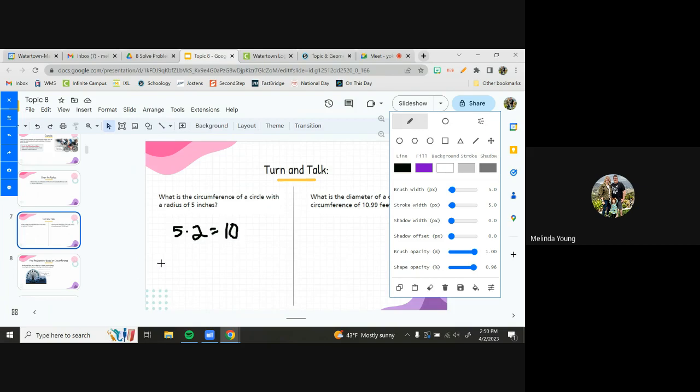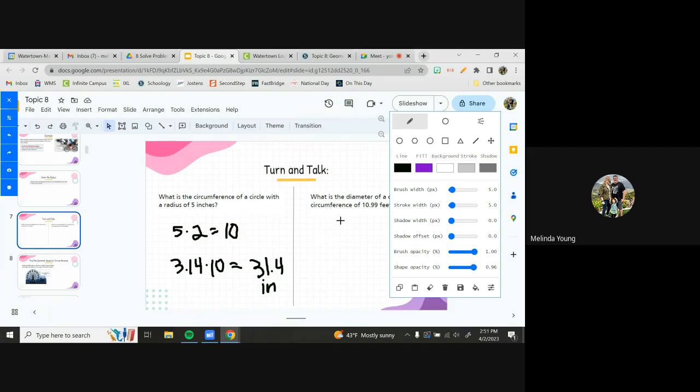Okay, so you would do 3.14 times 10, which would get you 31.4. Okay, and inches. So again, if we had a circle here, which I'm not going to do right now.